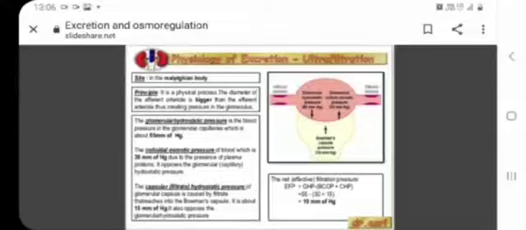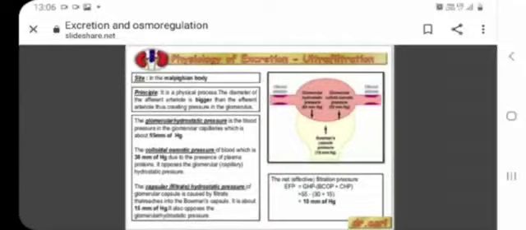Physiology of excretion, or the ultrafiltration. This occurs in the Malpighian body or the Bowman's capsule and the glomerulus.